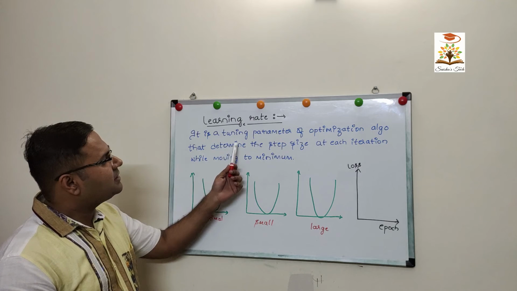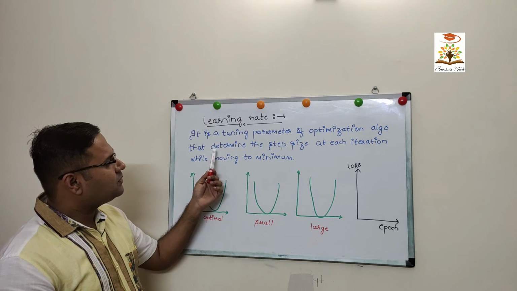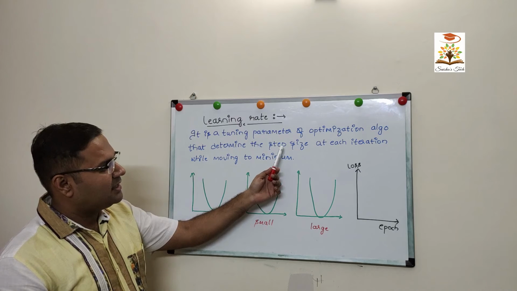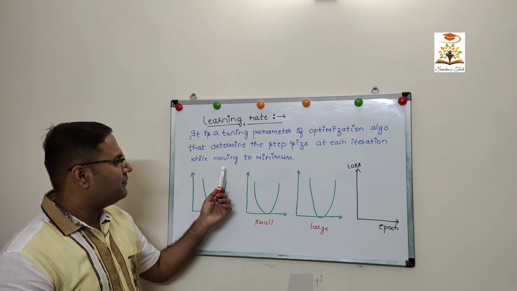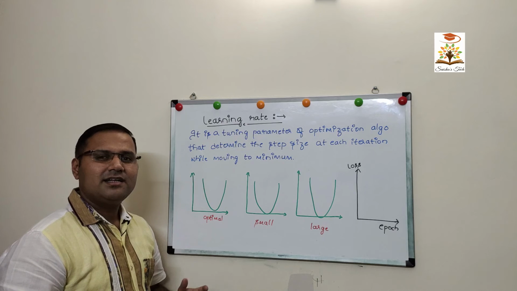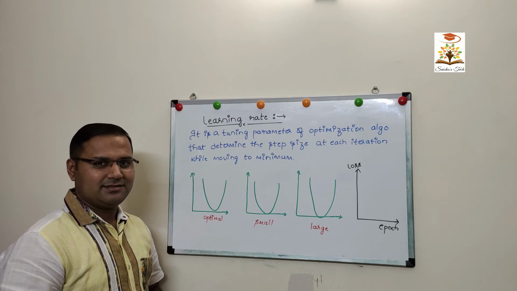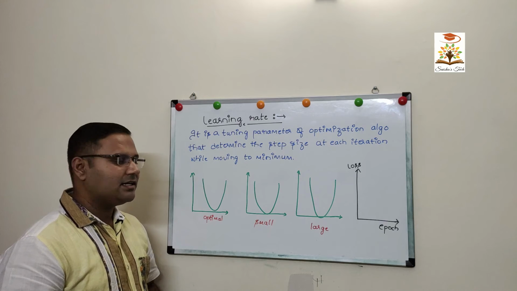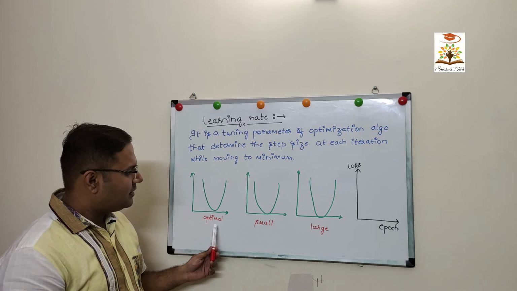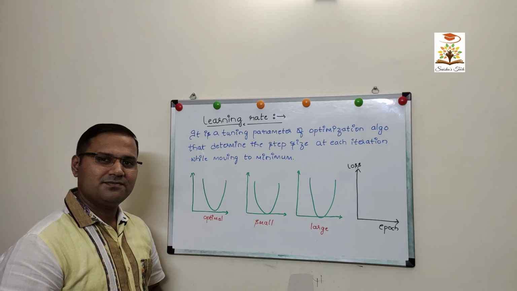Learning rate is a tuning parameter of the optimization algorithm, which helps us to determine the step size at each iteration when we are moving towards the minimum. Let us understand the importance of learning rate with 3 cases: when the learning rate is optimal, when the learning rate is small, and when the learning rate is large.